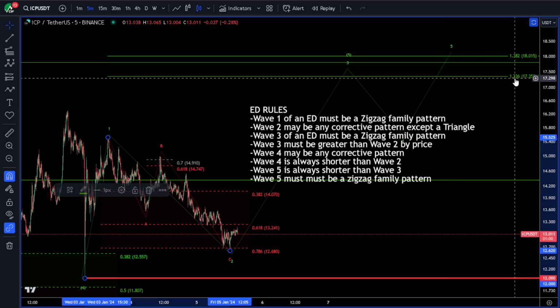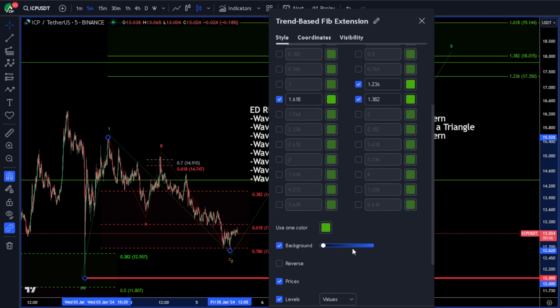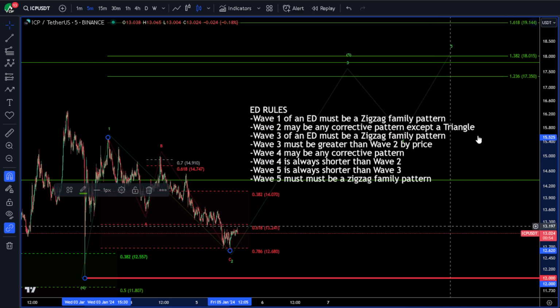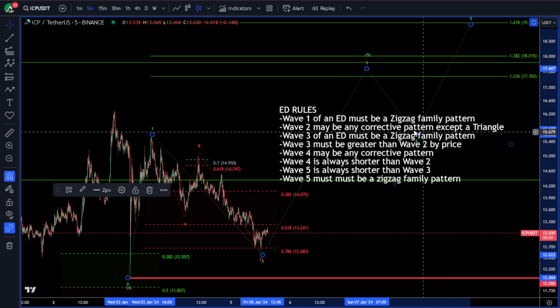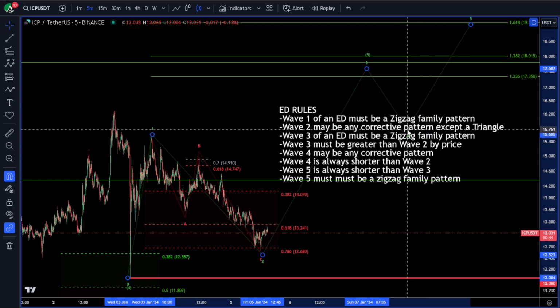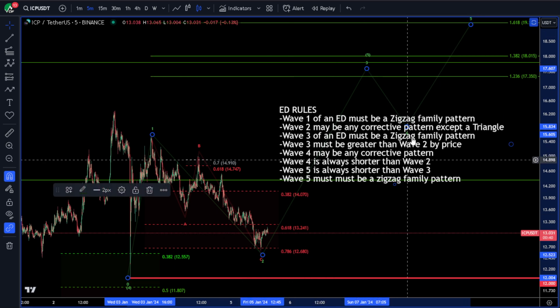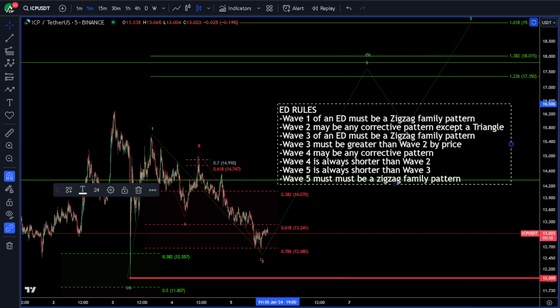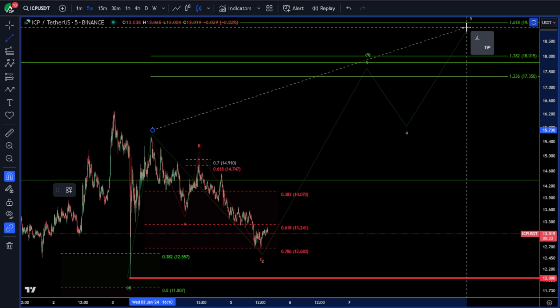And then we throw up the 1.618 for our fifth wave. And again, this wave 4, remember the new rules. We don't have to overlap with wave 1. It's the new rule. But this wave 5 must be shorter than wave 3. But the nice thing with this is it's usually a contracting nature either way.